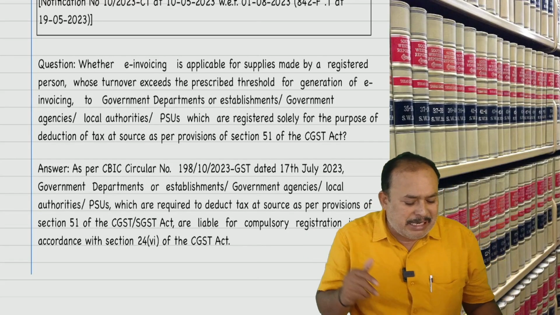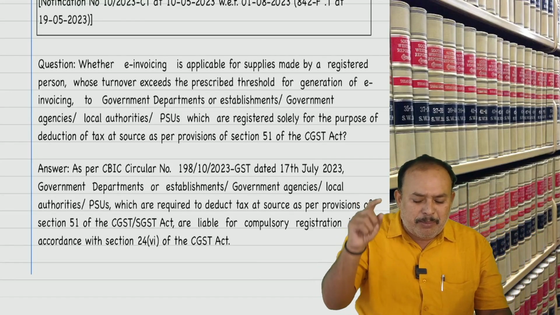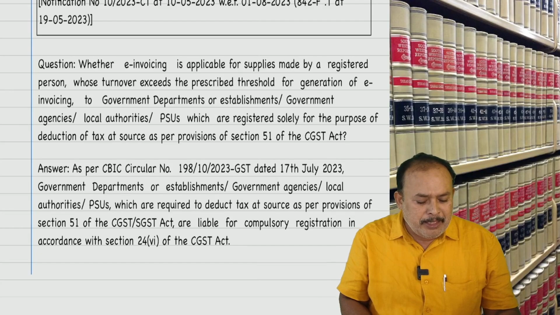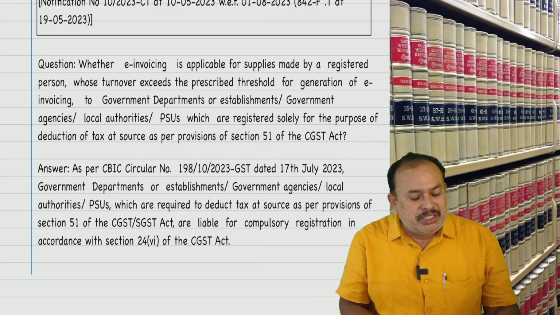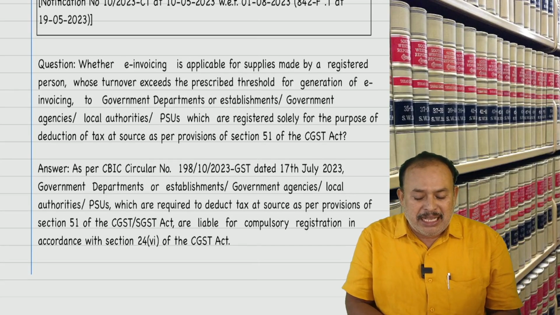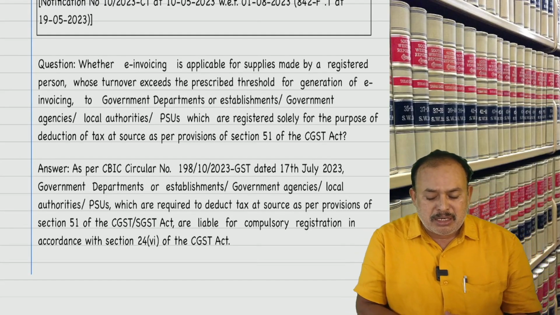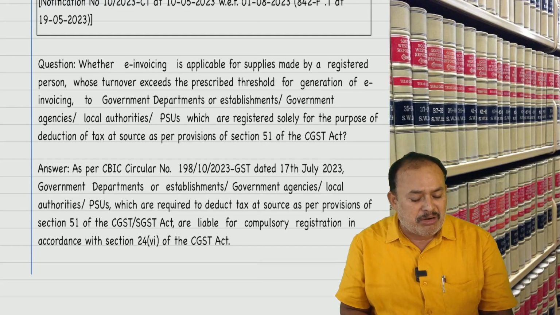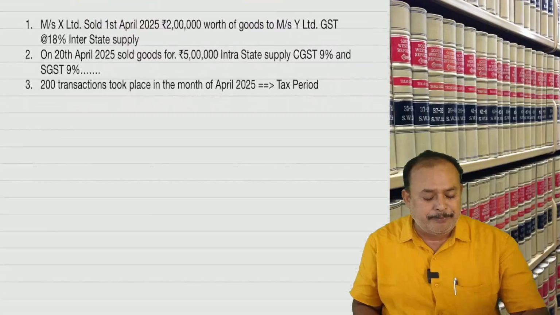Is that clear? Clarification: government departments or establishments, government agencies, local authorities, public sector undertakings which are required to deduct TDS at source as per the provision of section 51 are liable for compulsory registration in accordance with section 24. Okay, registration we already did this point.